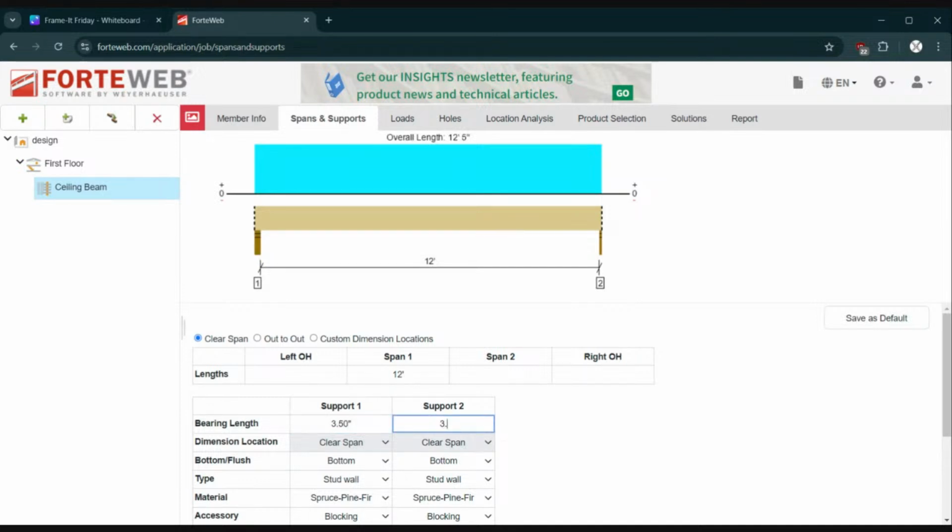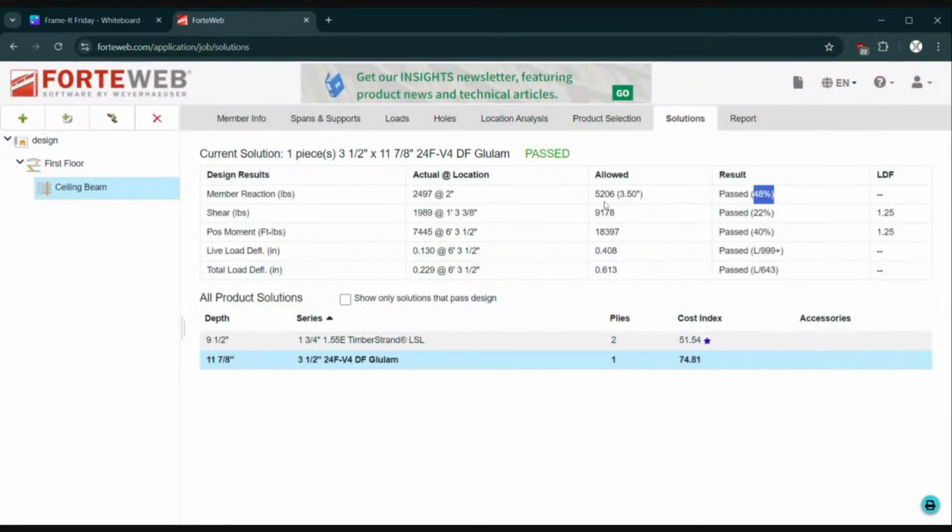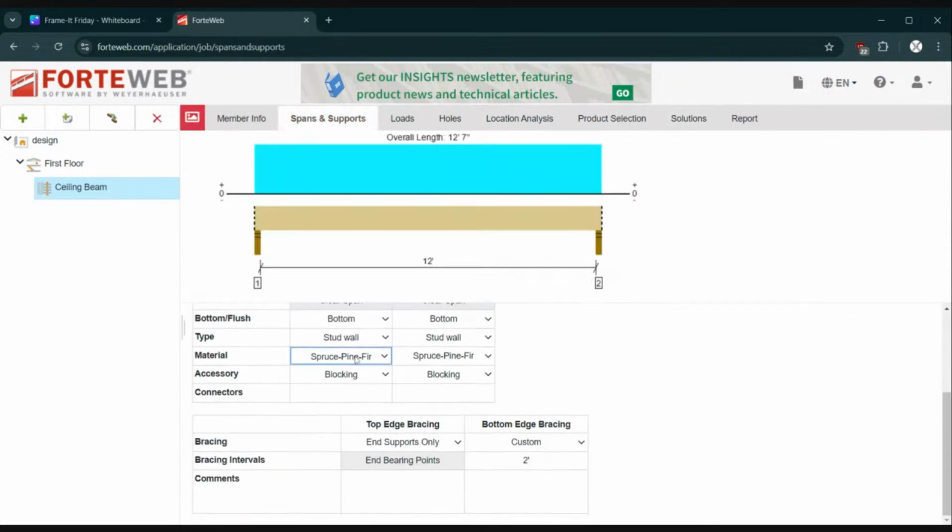So check this out. If we have a 3.5 inch beam on a regular 2x4 wall, here's a perfect case. We are fine. See that? We're 48% capacity. This is saying that we are allowed to put, and this is based on 3 things. We selected the species of the wall. We're going to make the wall out of spruce pine fir.